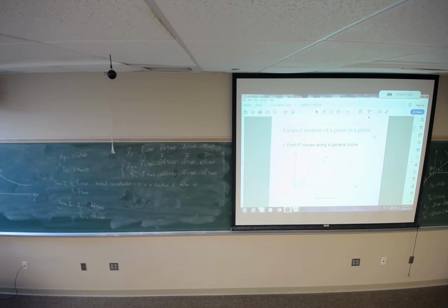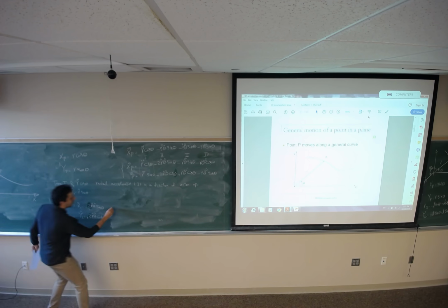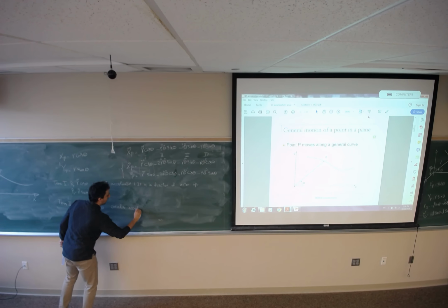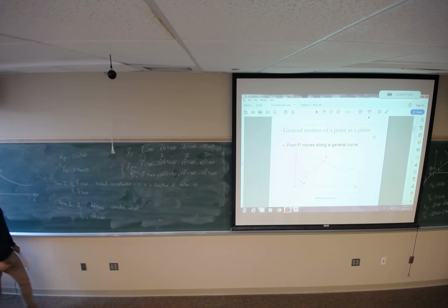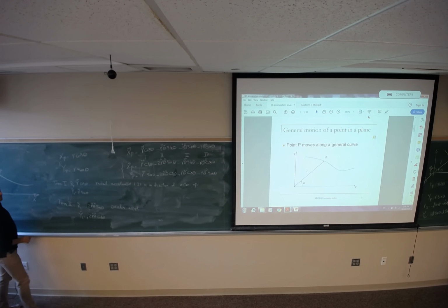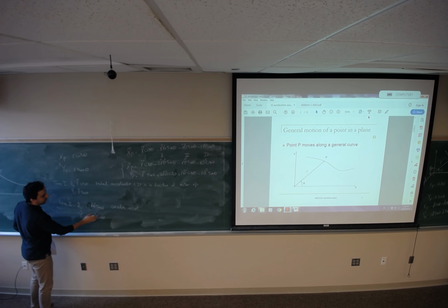The name of this acceleration is Coriolis acceleration. If this length is changing as well as theta is changing, we are going to have this term.